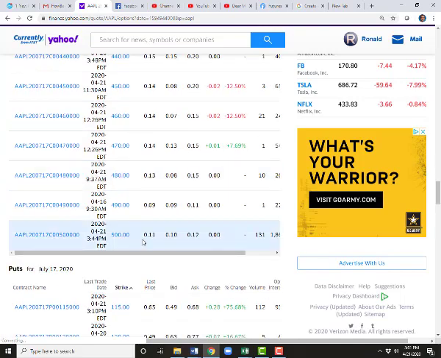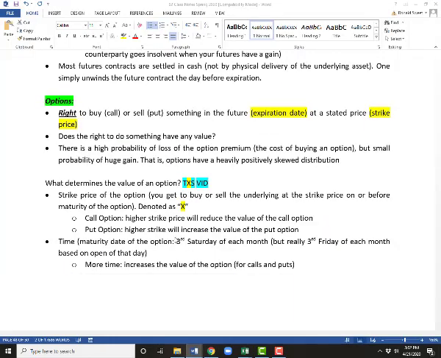And then you get out to the real extreme, the 500s. There are 131 contracts there, so there are people who are actually thinking about that, but it's very, very unlikely. All right, so that's the first one. The higher the call option strike, the lower the call option value.